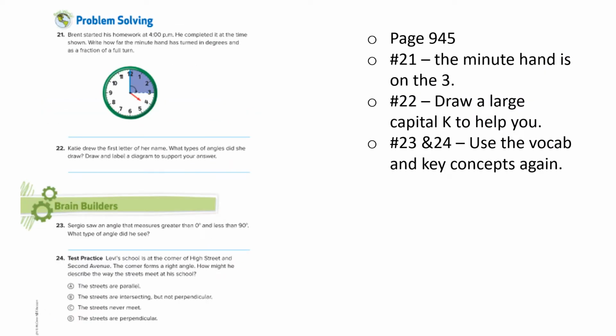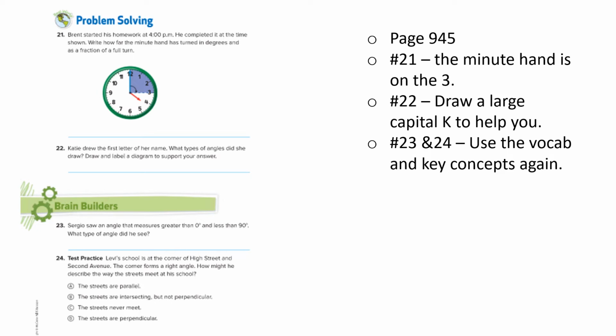Now, for page 945, when you do number 21, they're asking you to look at the degrees of the angle. It's 4 o'clock. You can see that with the red hour hand, but then it says how far the minute hand has turned in degrees as a fraction of a full turn.